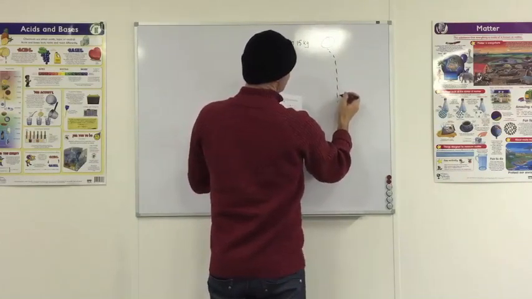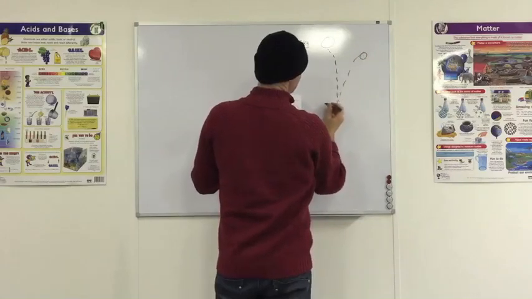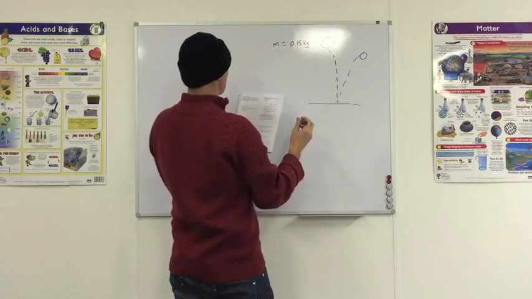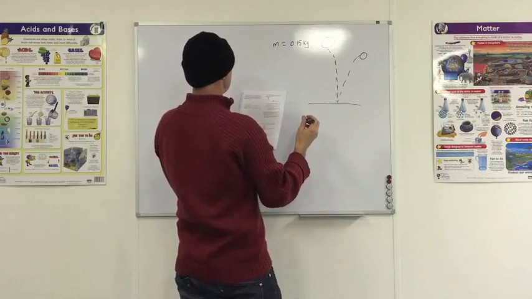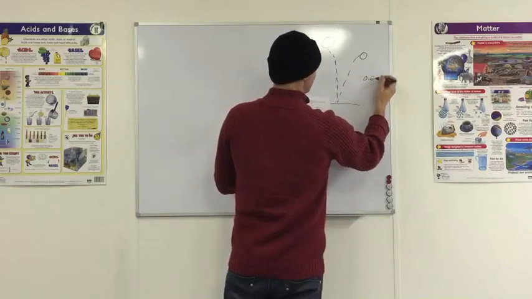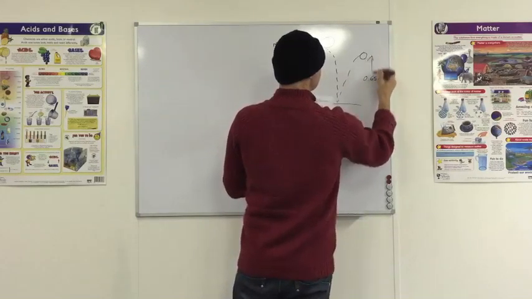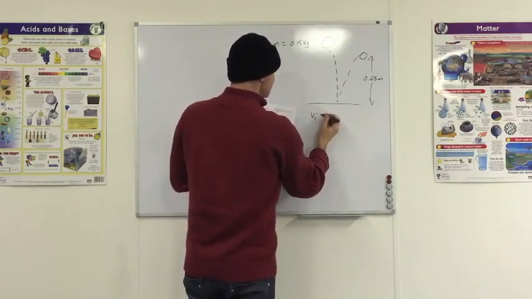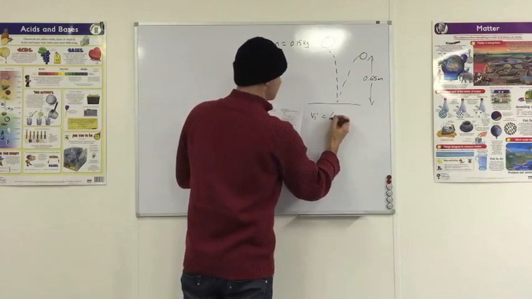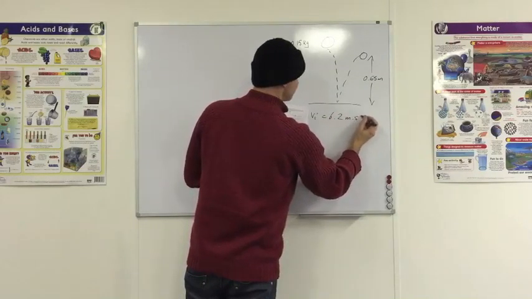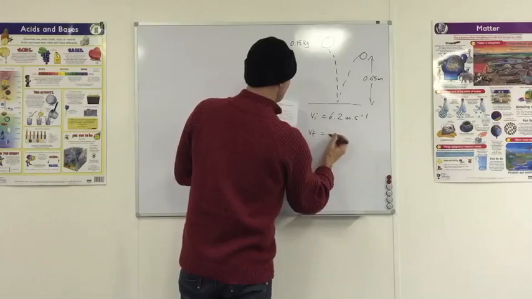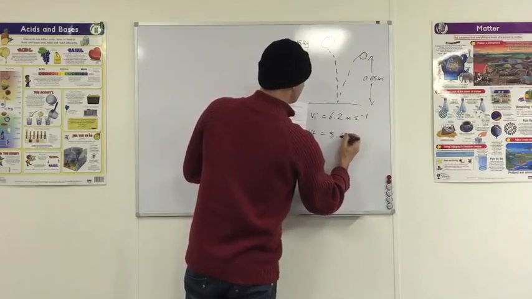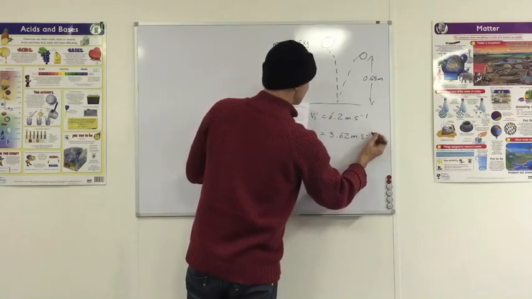The ball comes in and bounces off the floor to a height of 0.65 meters, we're told. We're also told that the velocity coming in is 6.2 meters per second, and the velocity going back up again is 3.62 meters per second.